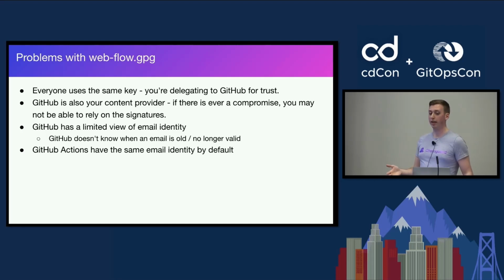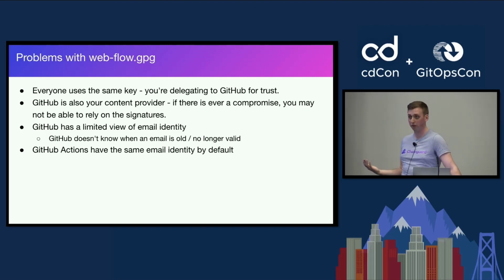Another thing worth calling out is GitHub doesn't necessarily have the best visibility into identities. Git uses emails for its commit data for authors and committers, but it doesn't really know if you still have access to an email. So for example, as on a slide before, I was at Google before I was at Chainguard. So I have an @google.com email still associated to my GitHub account.